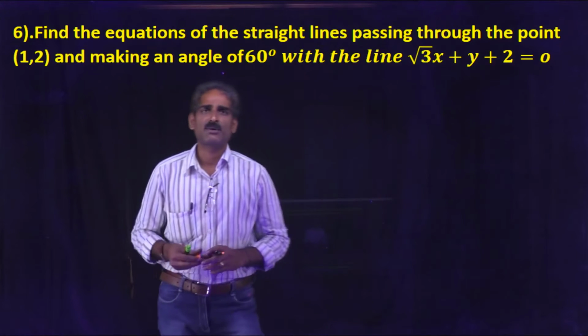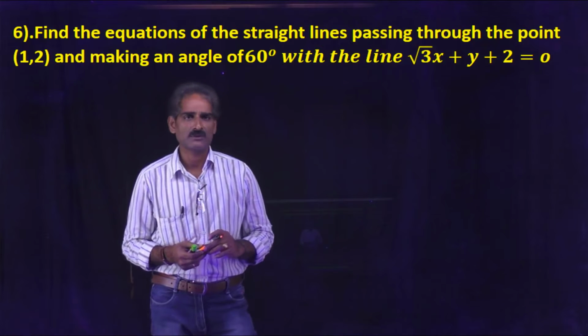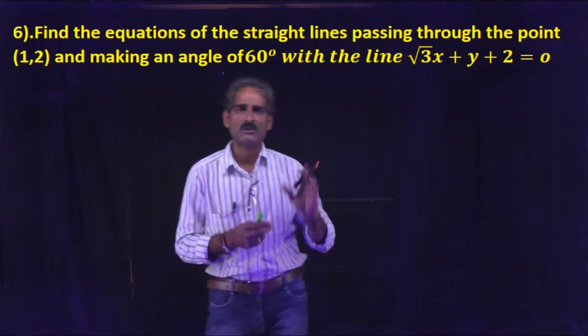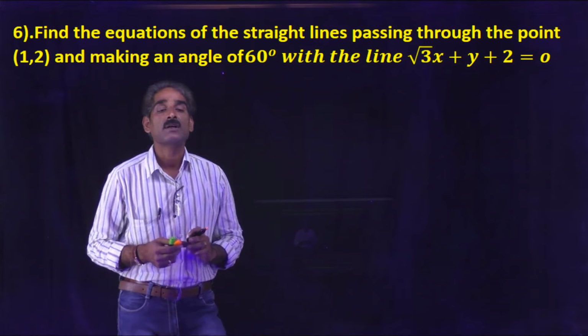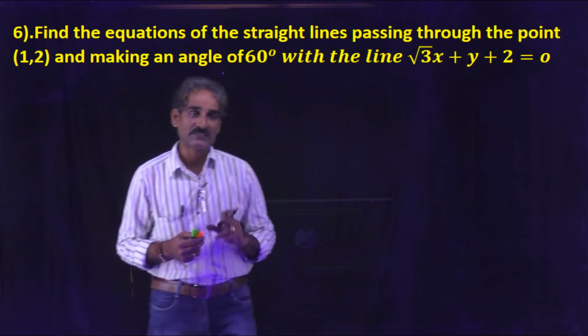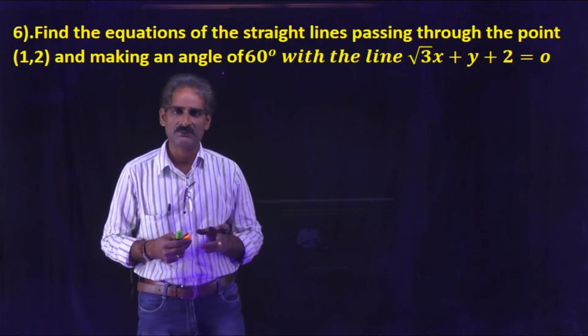So now see this problem. This is a very important problem from the IB point of view. In objective tests also it's important, but we will follow another method for the objective point of view. Now, the descriptive point of view. See this. Find the equation of the straight lines passing through the point (1, 2) and making an angle of 60 degrees with another line.